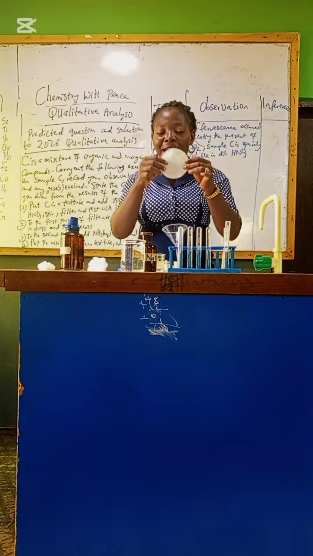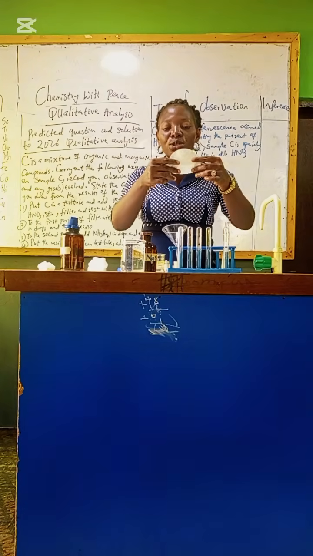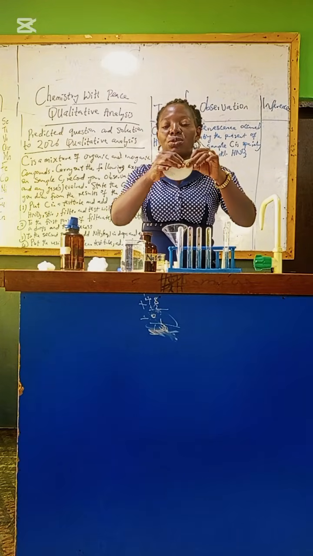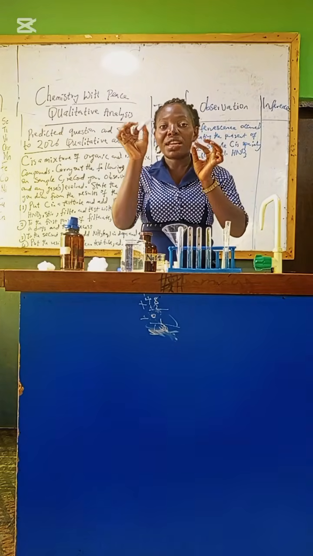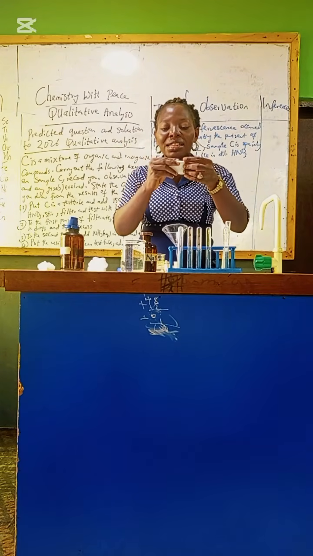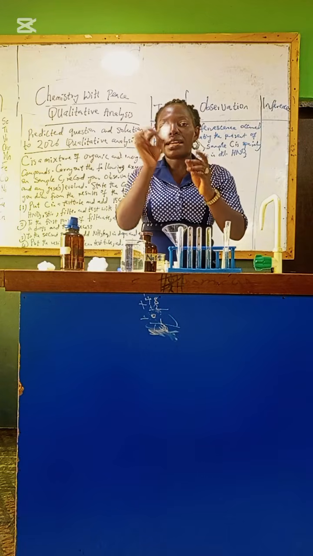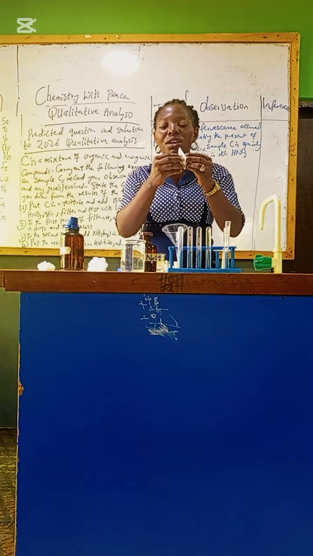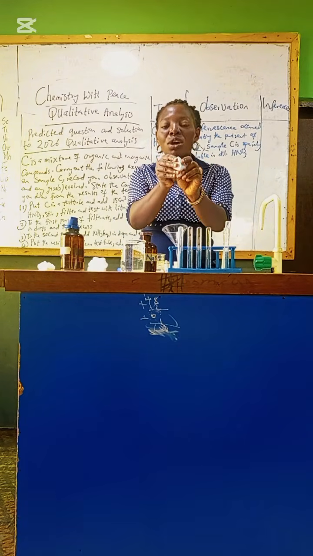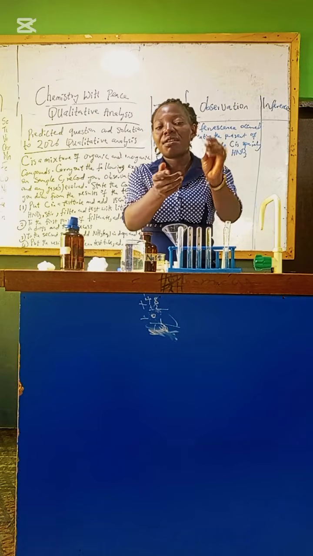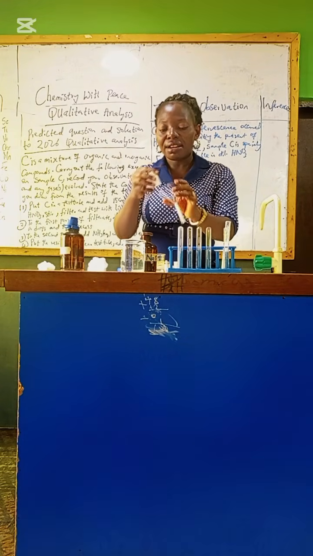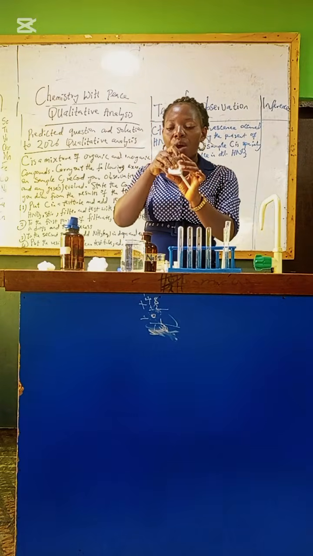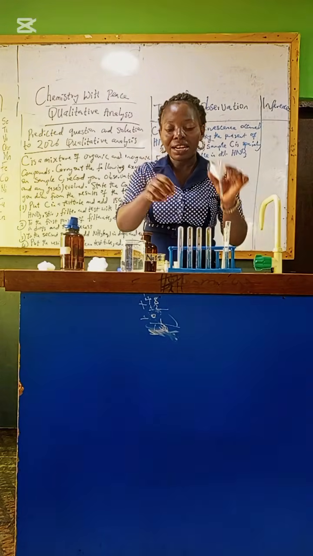Here is my filter paper. The first thing we are going to do, divide this into 2. Can you see it? Divide into 2 into equal half. Then divide it again, making it a quadrant. When you divide this, open one side of it. Then you put it inside your funnel. Here's my funnel. I will put it inside my funnel now.